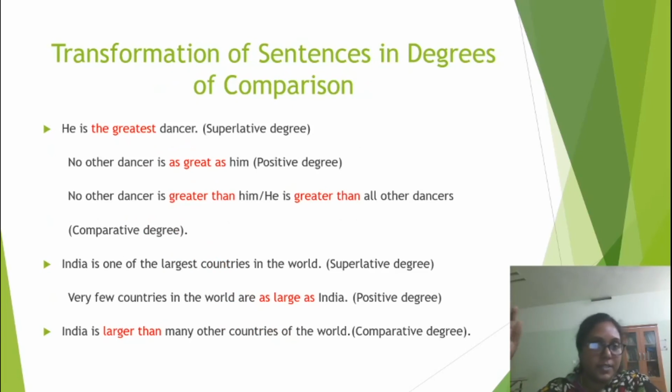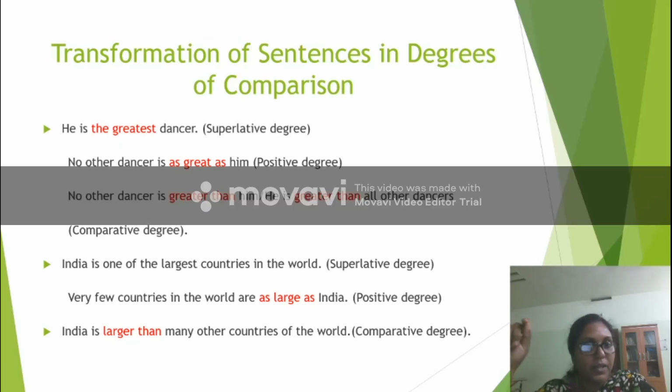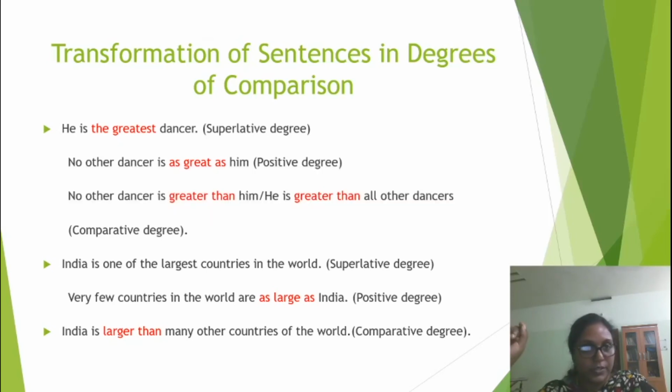Now we will see a sentence and how it can be changed into all three degrees. The first sentence is, he is the greatest dancer. You can understand that the greatest expresses the superlative degree. Now, no other dancer is as great as him.